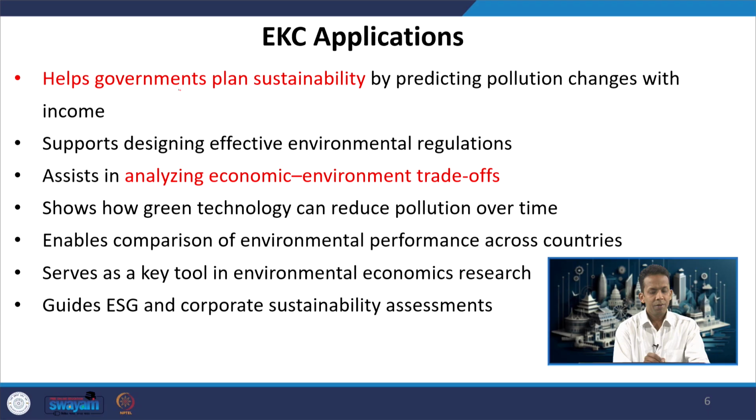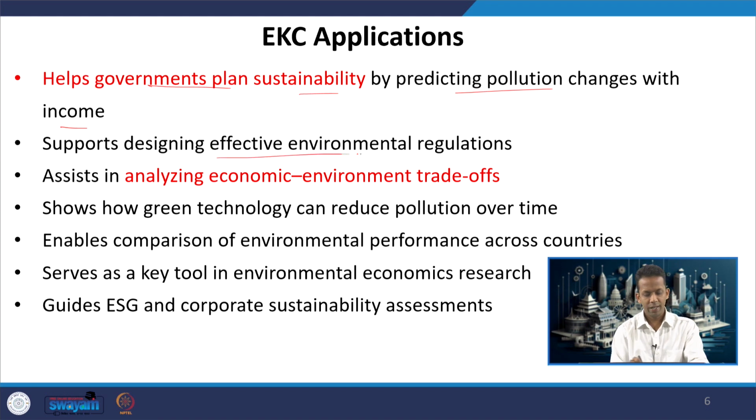So, it helps governments to plan sustainability protocols or approaches by predicting pollution changes with income. Once the government has these indicators in the form of EKC chart, like how the pollution or environmental degradation varies with per capita income, they can plan their sustainability measures.